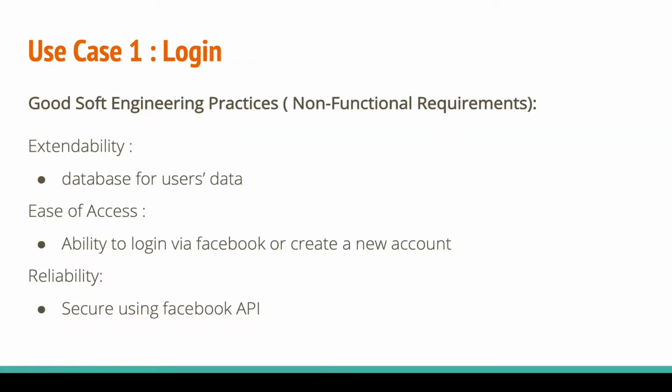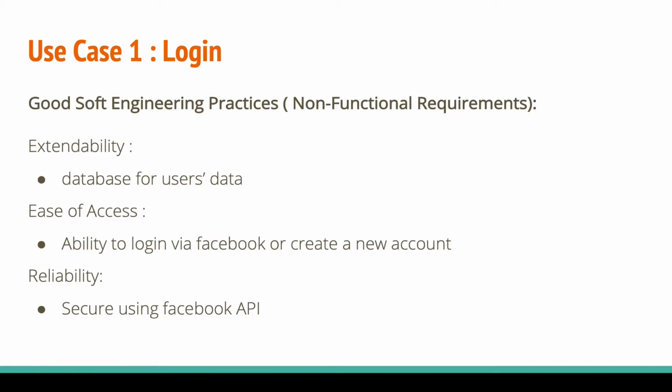Now let's look at the first use case for login. So to implement this, we have considered few software engineering practices, such as for extendability, we are using a database for the user's data, which can be easily manipulated.